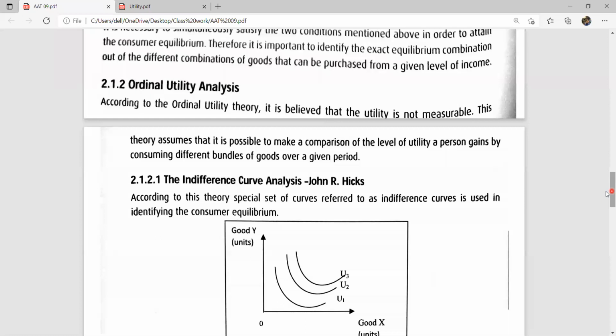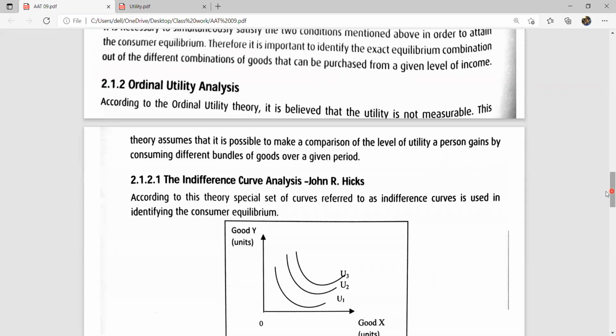They can't assign a value for goods. Such analysis was developed by John R. Hicks, one of the economists. Earlier, the theory was developed by Alfred Marshall. Here, John R. Hicks.